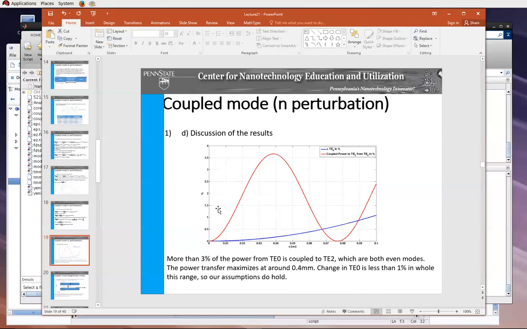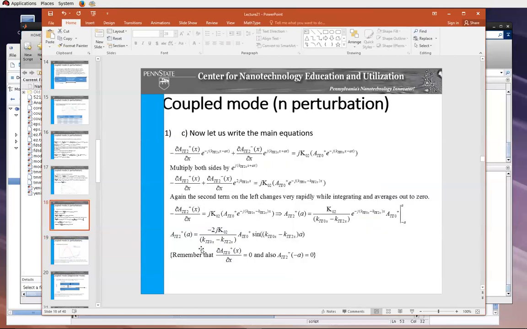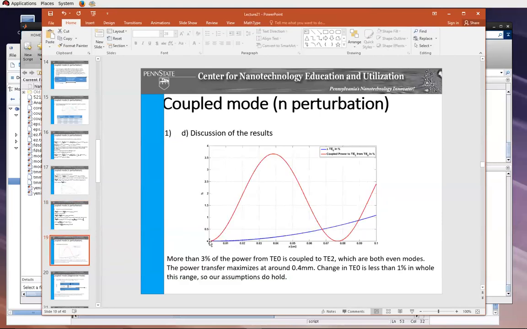The other thing that we need to be careful about is that this is a sinusoidal change, as we can see from here. So that's like a periodic coupling and decoupling. The second order mode gets power by getting excited from the zeroth order mode, and then returns that power back to the zeroth order mode again.